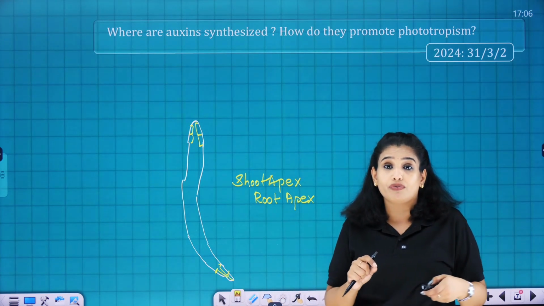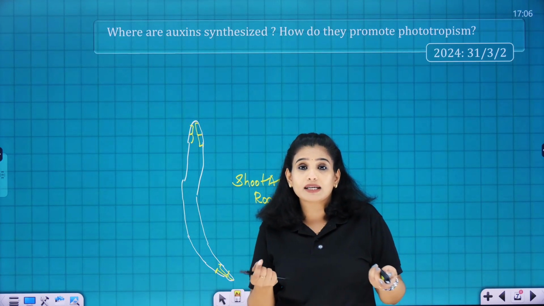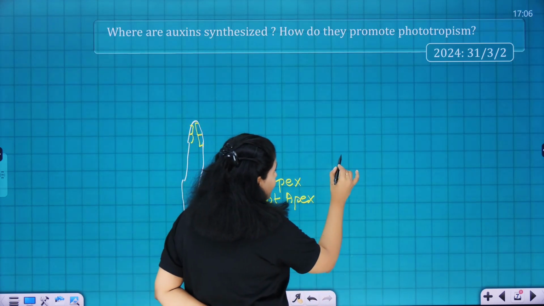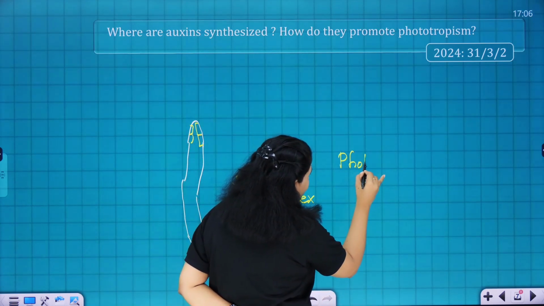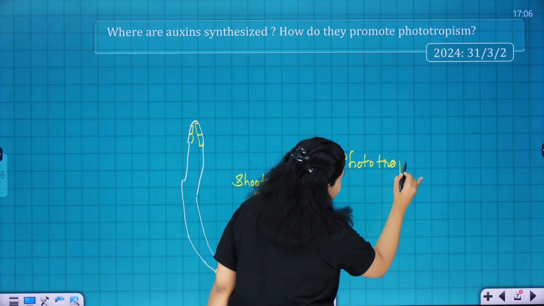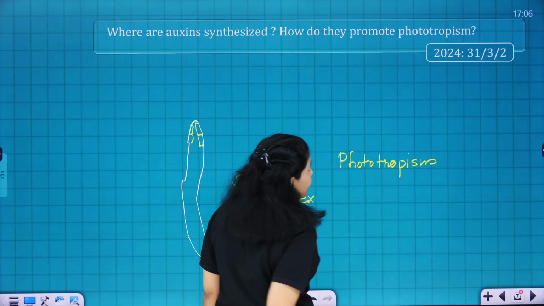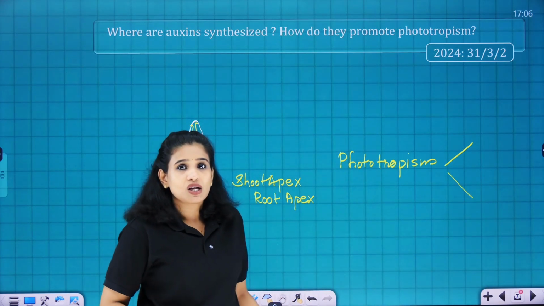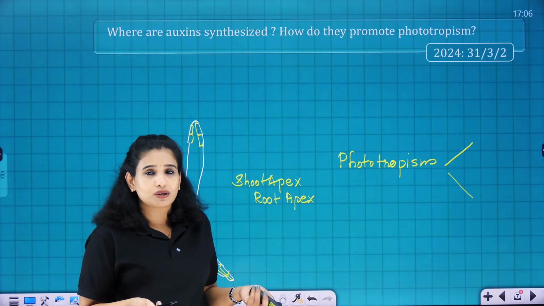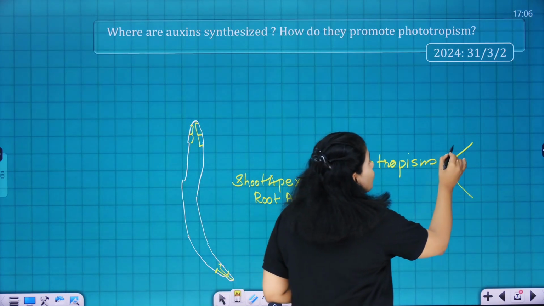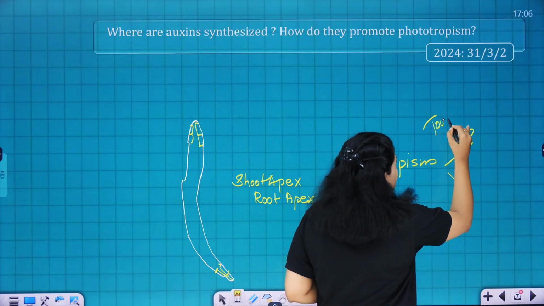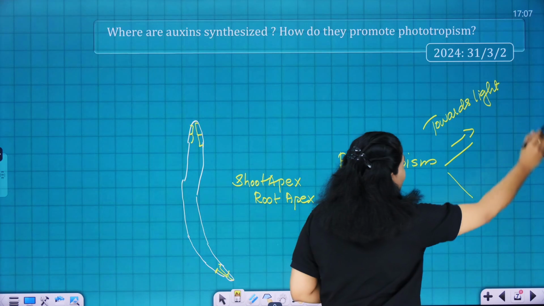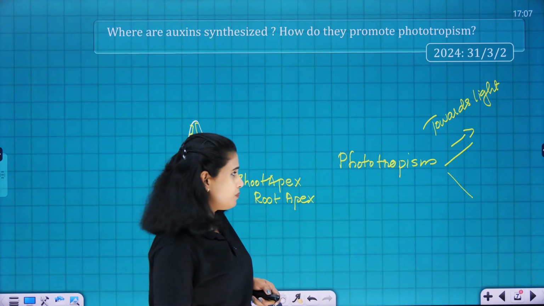There are two types of phototropism: positive phototropism and negative phototropism. What is meant by positive phototropism? If it moves towards light, it is called positive phototropism.